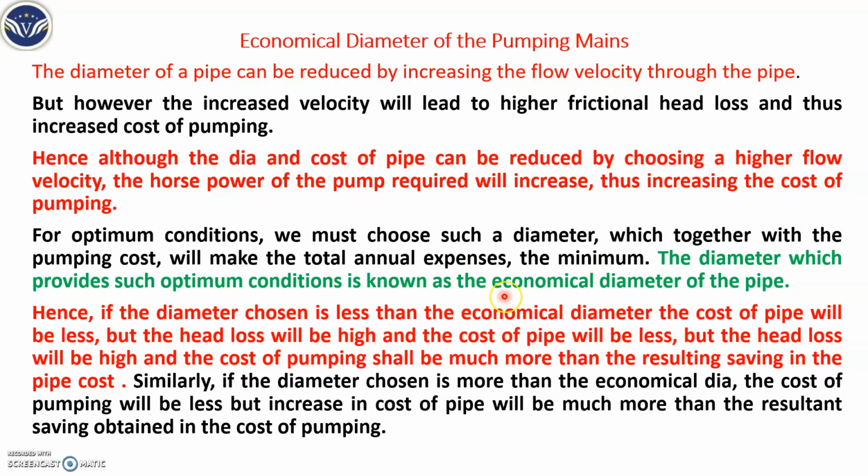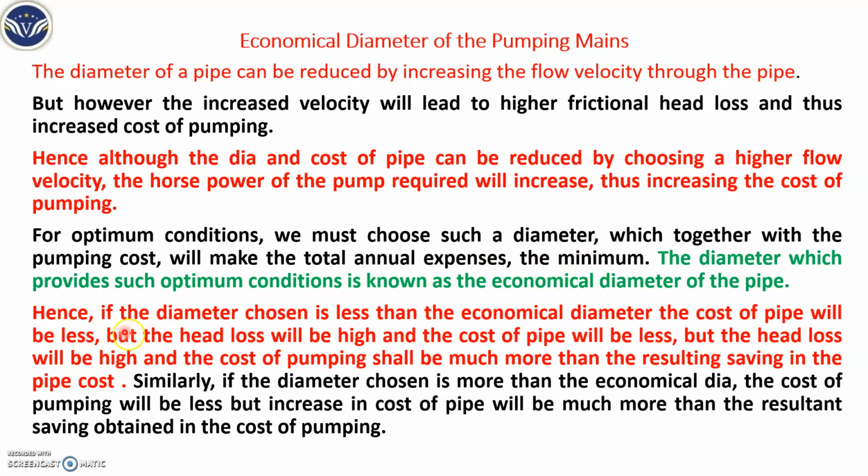That is called the economical diameter of the pipe, where the pumping cost and total annual expenditure cost together are minimum.